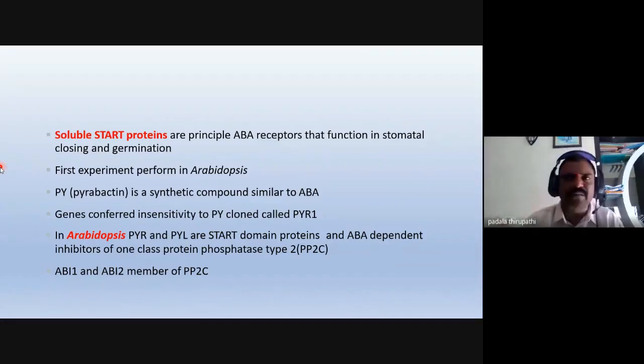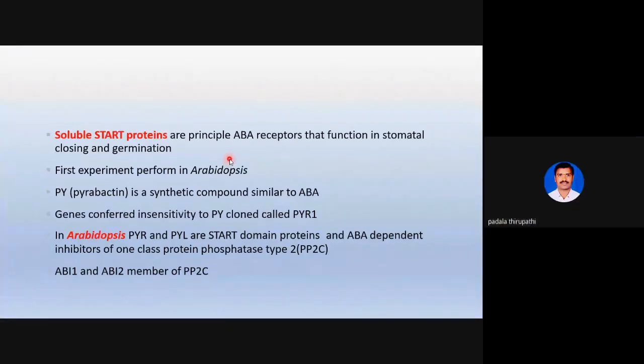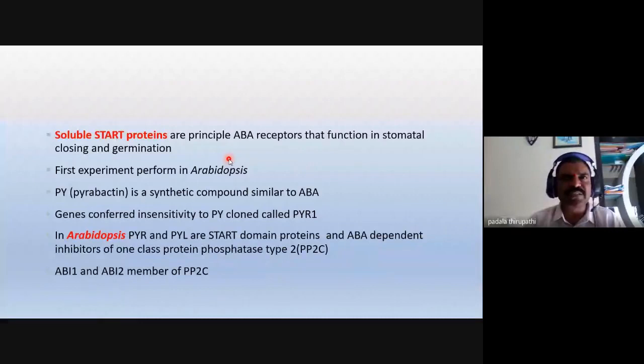Stomatal closing and opening is the most important of all the physiological functions of the plant, just because of the exchange of gases, in photosynthesis and also in respiration. That physiological function is determined by abscisic acid. Stomatal closing and germination of the seeds are also responsible for this ABA concentration.